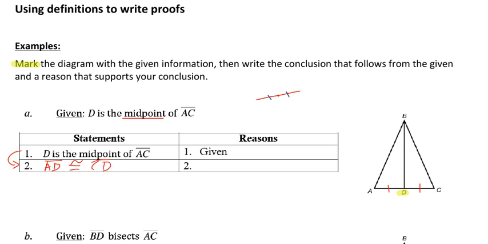And why do we say that? We say that because that is what the definition of the midpoint says. It says that a midpoint divides a segment into two equal segments. So I'm supporting my statement number 2 with the definition of the midpoint. So that's my reason for writing that statement number 2: the definition of midpoint.